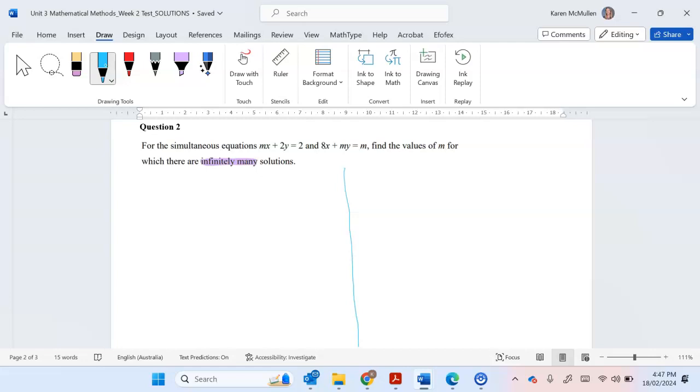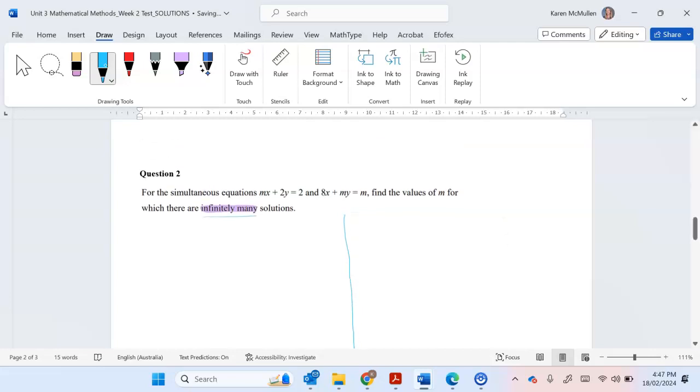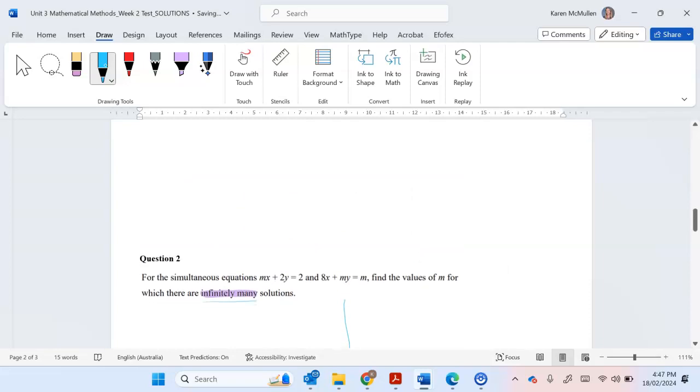Okay, so when there are infinitely many solutions, it means they have the same gradient and they have the same y-intercept because they're the same line. So our first check is of the gradient, and let me write it up here.